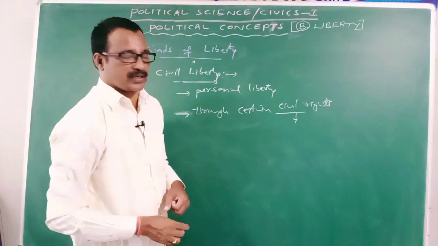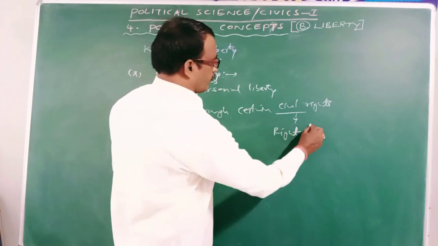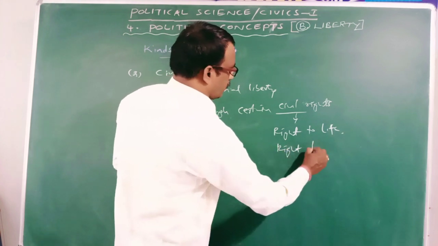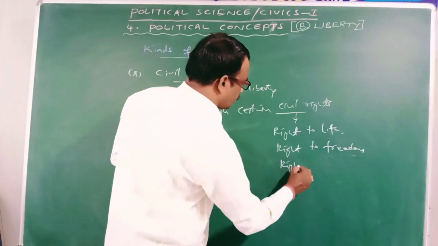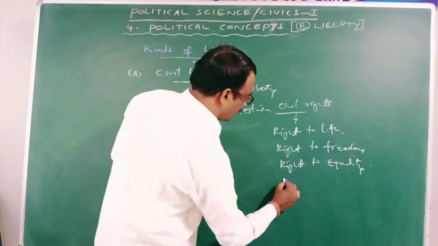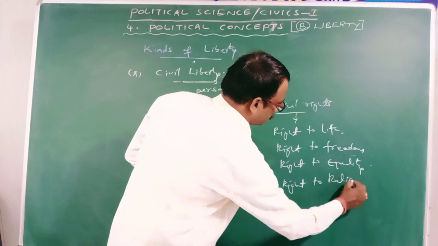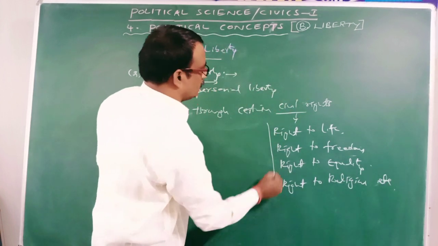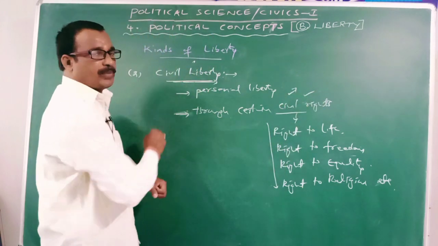So many civil rights are there, like right to life, right to freedom, right to equality, right to religion, etc. So these are some of the civil rights. Through these civil rights we are enjoying civil liberty.